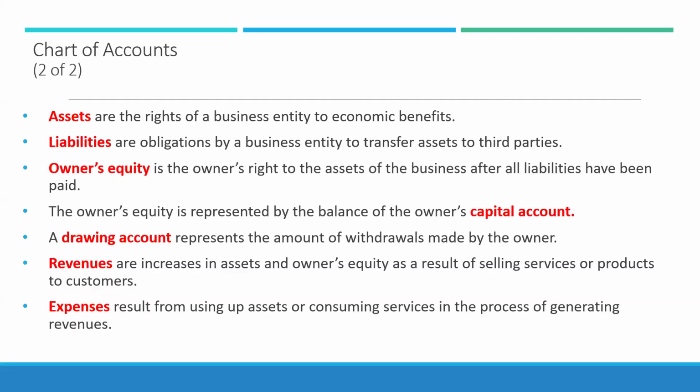Okay? Think about this from the school perspective. When your student loans haven't come through yet, isn't that like an accounts receivable? It's still an asset because they're going to receive the money. Okay? And then the owner's equity side is the revenue. Your schooling for the school is revenue income.